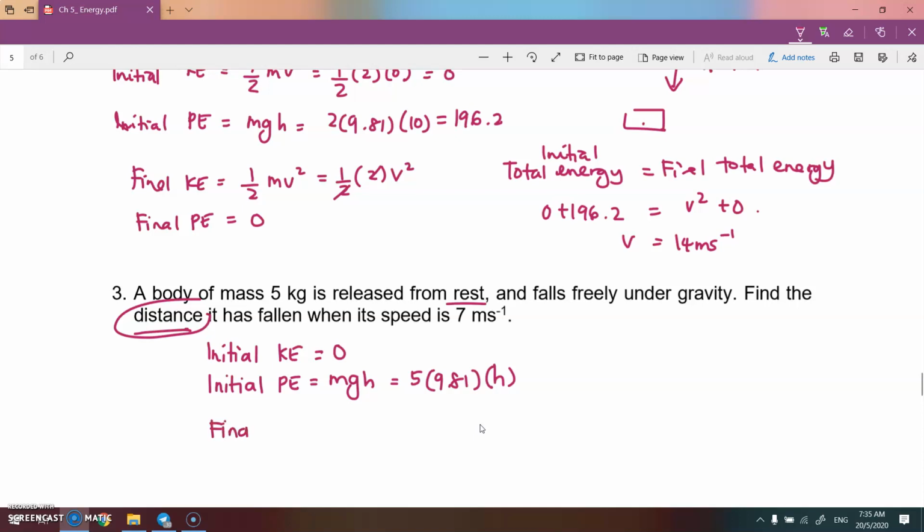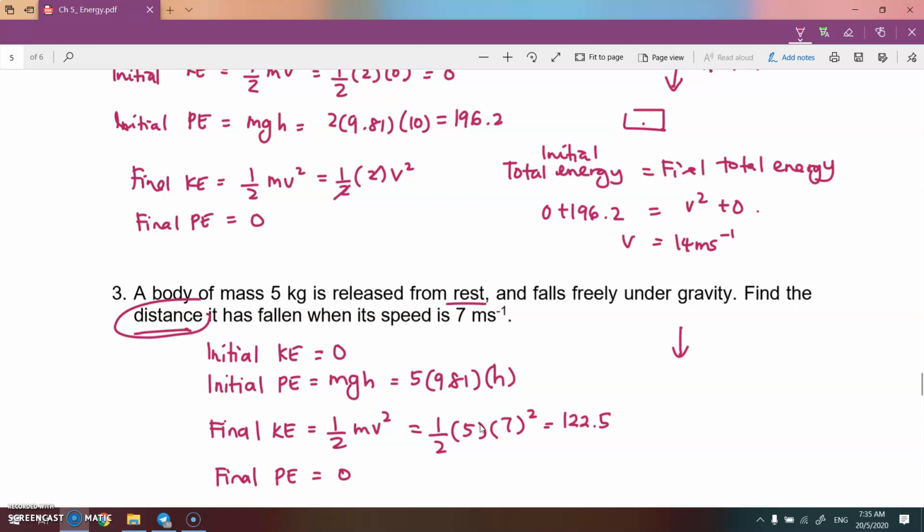And then for final kinetic energy, half mv squared. So the speed becomes 5, speed is 7 squared. So you get 122.5. So final PE: this one object moves downwards, so 0.